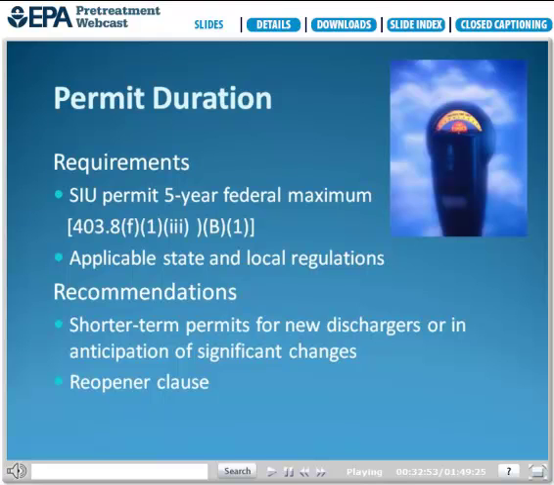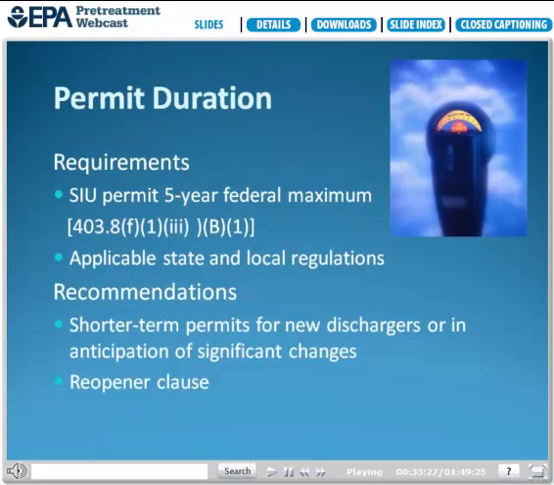The federal regulations specify that the maximum length of time is 5 years for SIUs. Not 5 years and 1 day, not 8 years or 10 years. However, at a local level, a POTW control authority is certainly allowed to, and I've seen very many instances where they take the policy to issue permits of only 1 or 2 years duration for the new dischargers, until they can be assured that the new industrial process works or the new treatment system works.